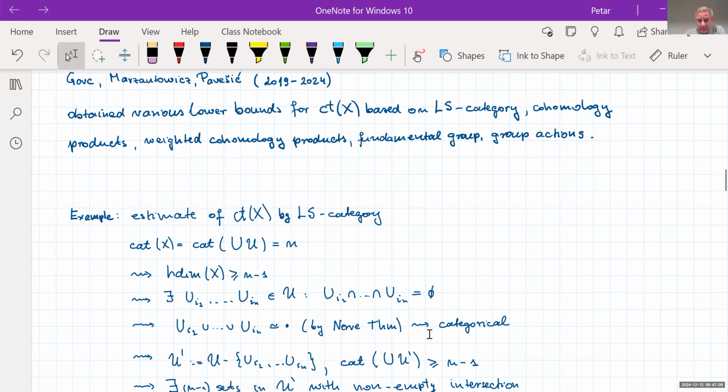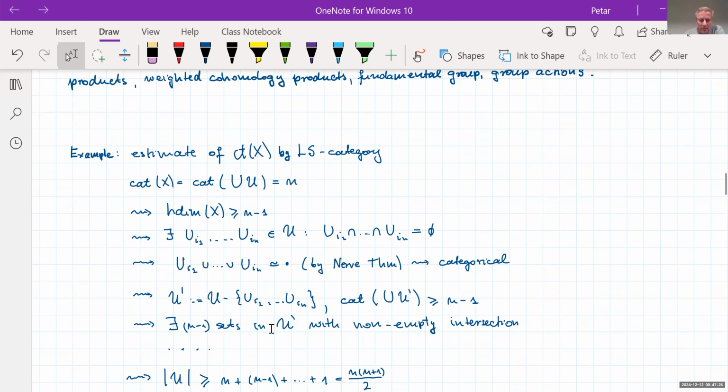So if you remove those, then you get some smaller family of open sets, and its category decreases at most by 1, by the usual argument. Then its category is at least n minus 1.